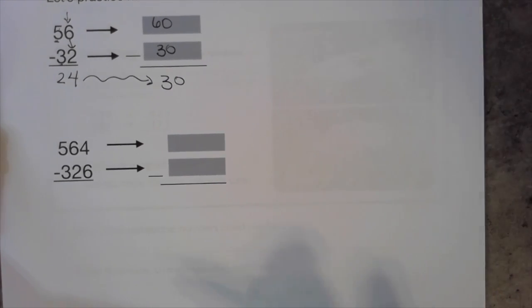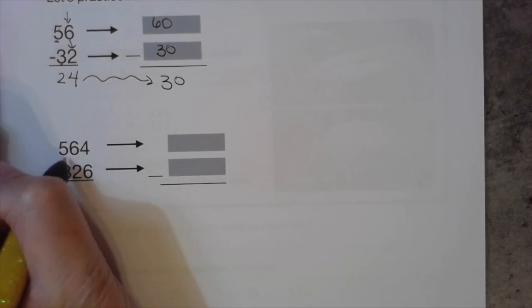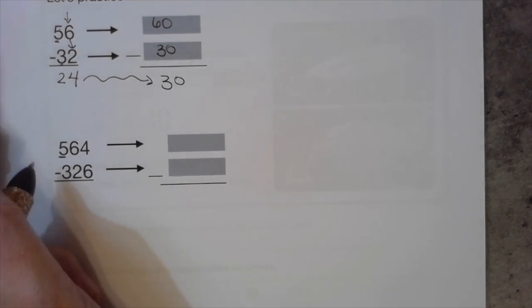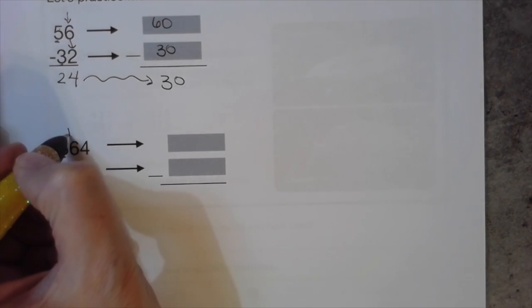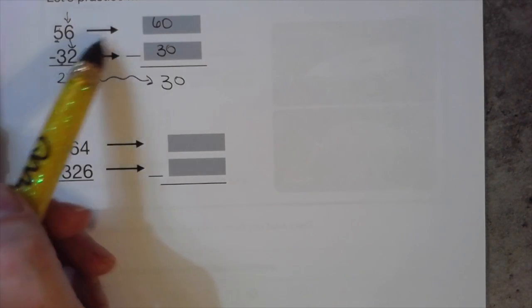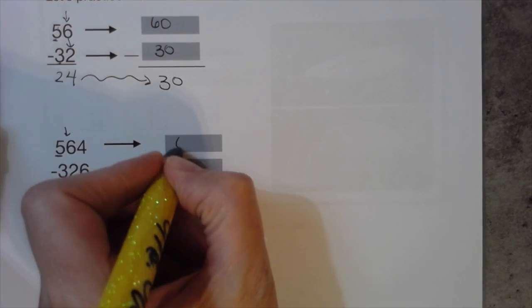564 subtract 326. So we're going to round this to the nearest hundred, 5 hundreds and 6 tens. Okay, remember when we said up here, 6 tells me to add 1 more, 5 or more, add 1 more. So I add 1 to the 5, it becomes a 6. Everything else becomes a 0.